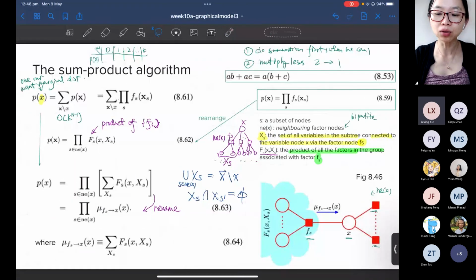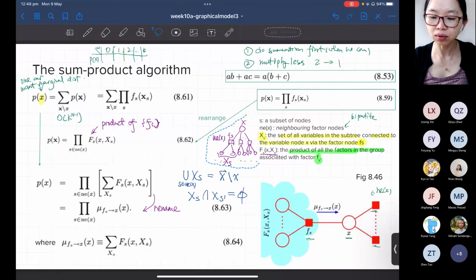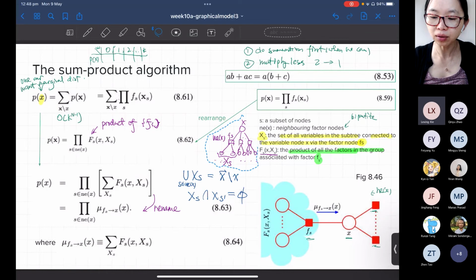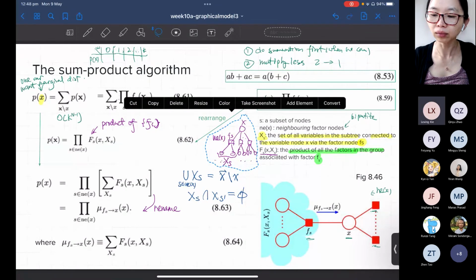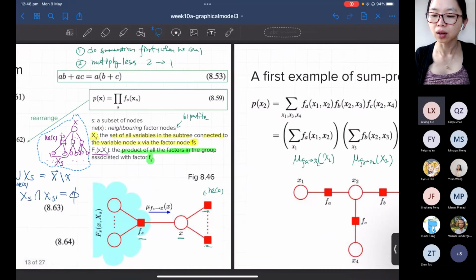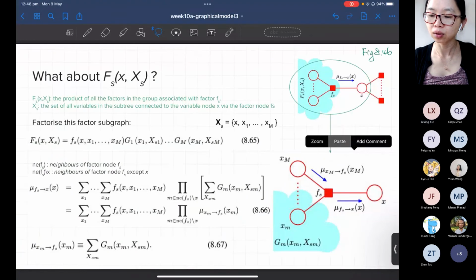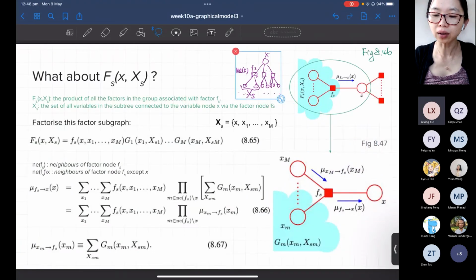Let me copy this tree, and paste it in here. So what we're looking at here.